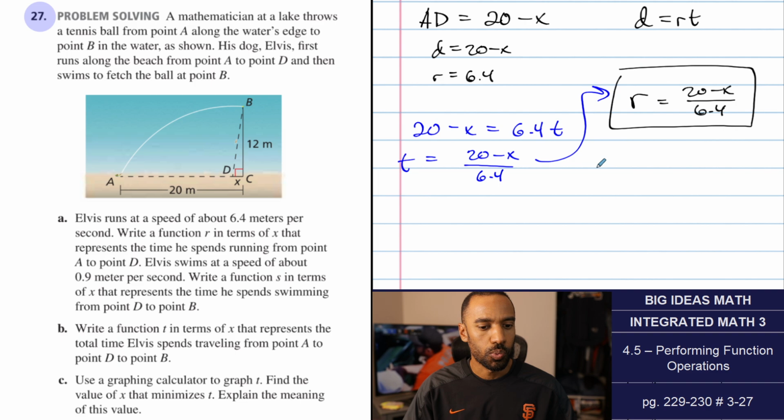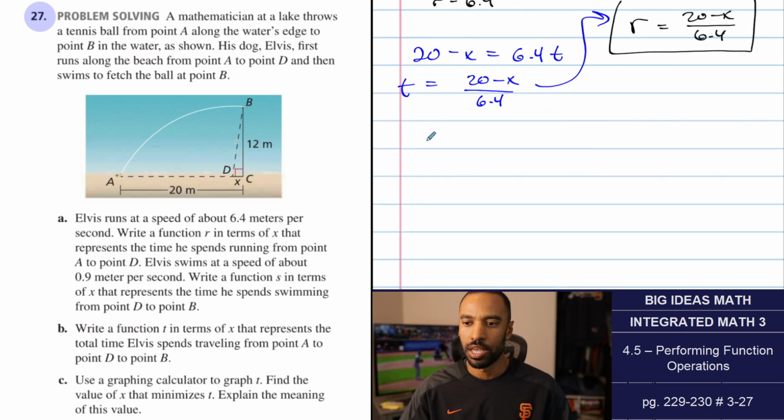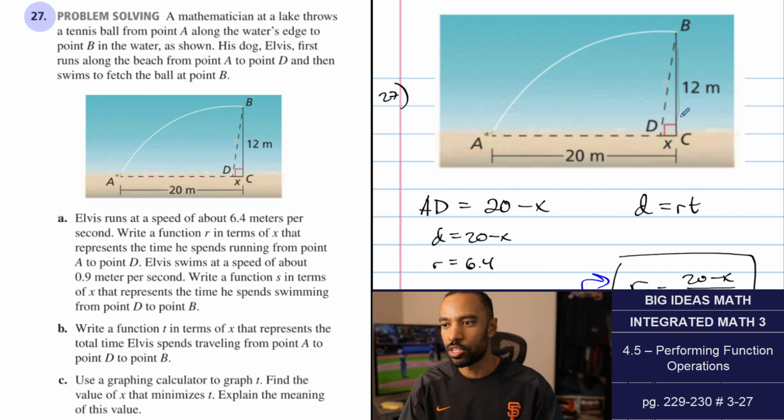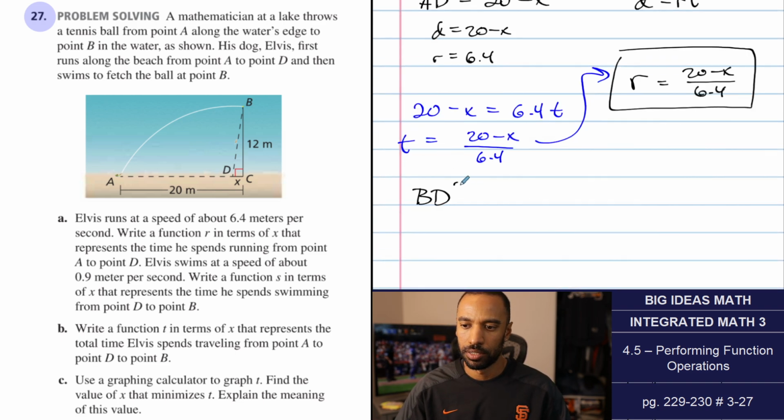Okay, Elvis swims at a speed of 0.9 meters per second. Write a function s, at least it's not r, in terms of x that represents the time he spends swimming from point D to point B. Now, BD is the distance that he swims. Using the Pythagorean theorem, a squared plus b squared equals c squared, BD squared is x squared plus 12 squared.